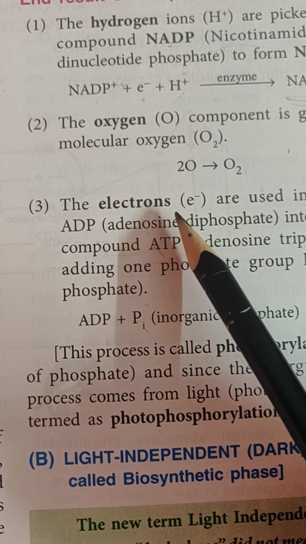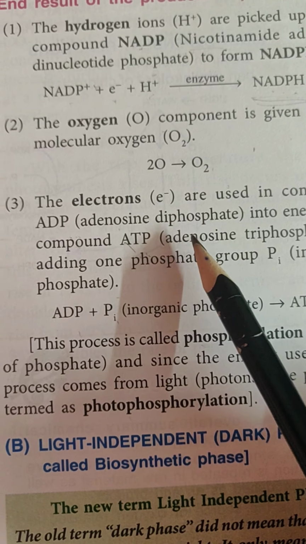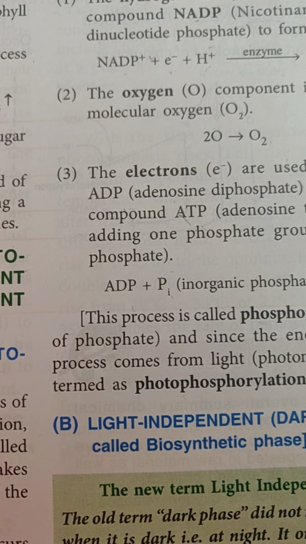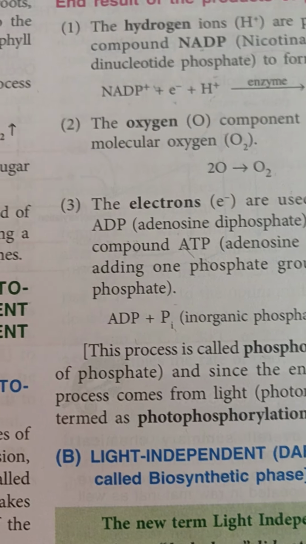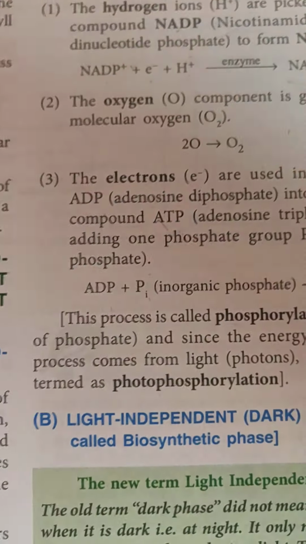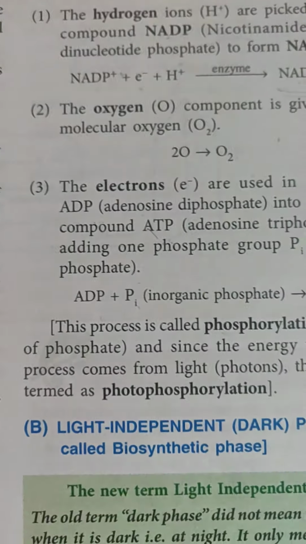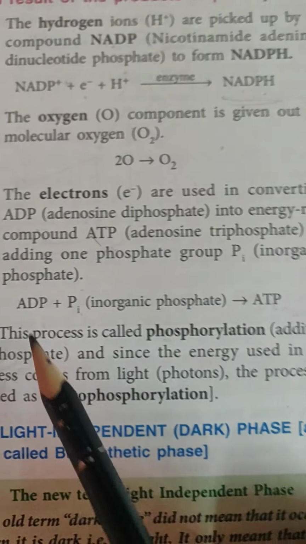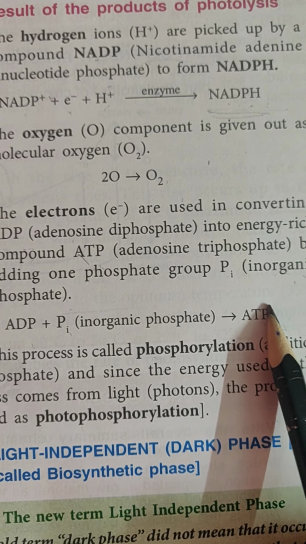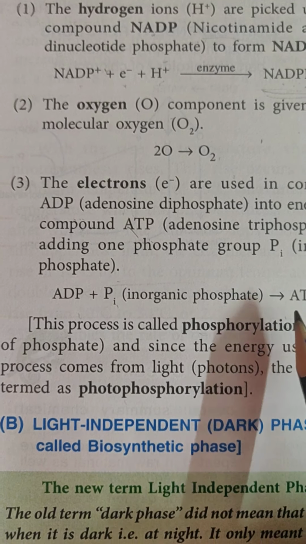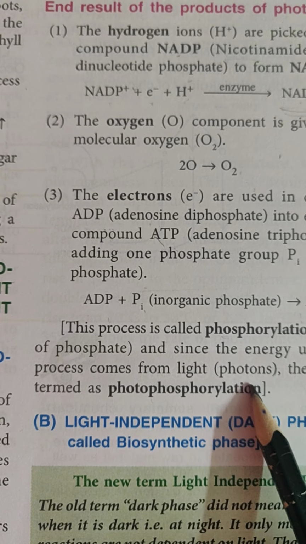The electrons that are released are used to convert ADP to ATP. And as light energy is the energy used to carry out this process, we call it not just phosphorylation but photophosphorylation.